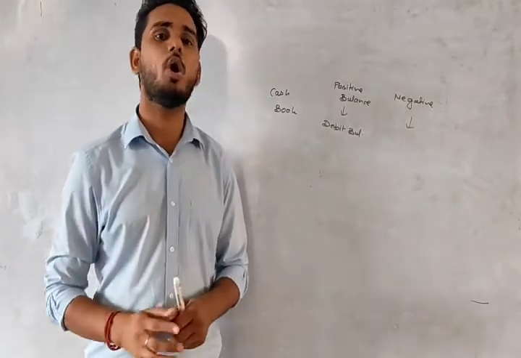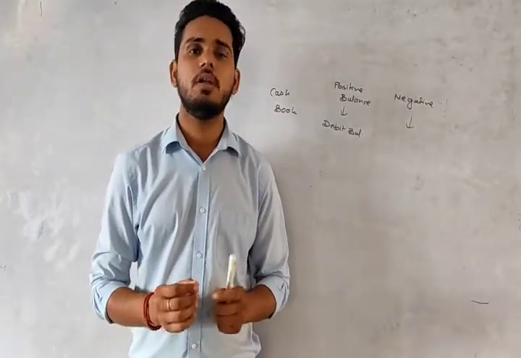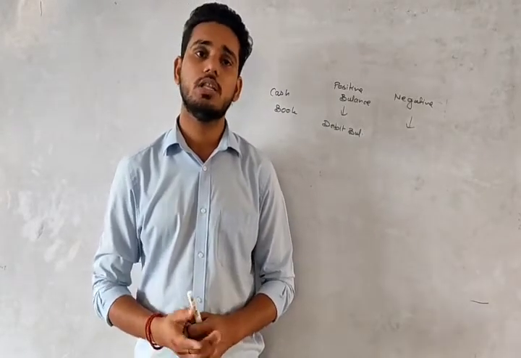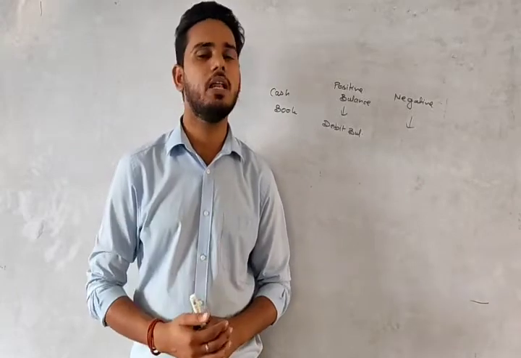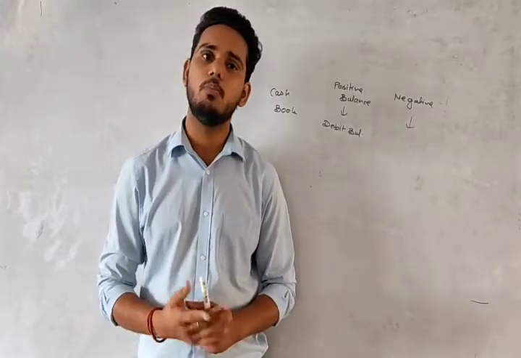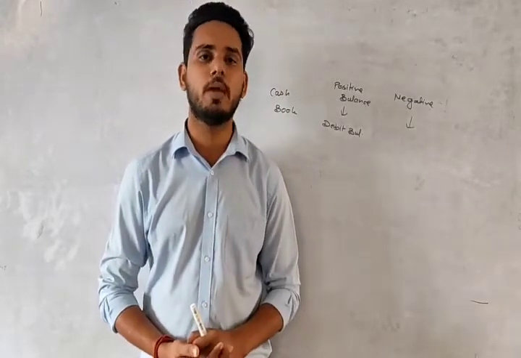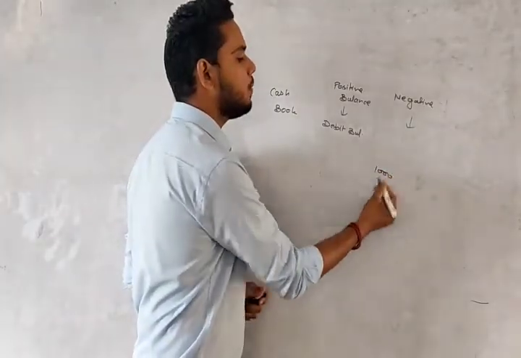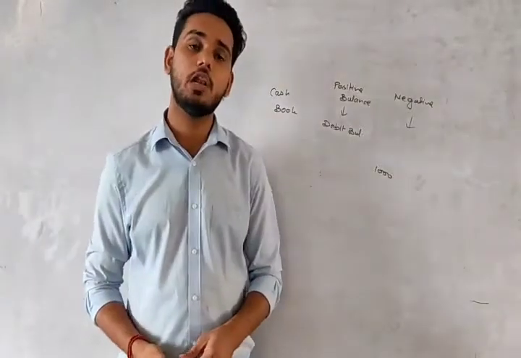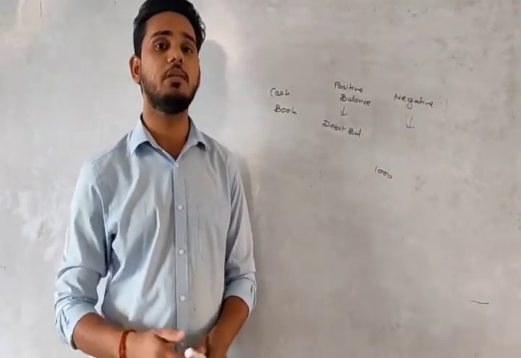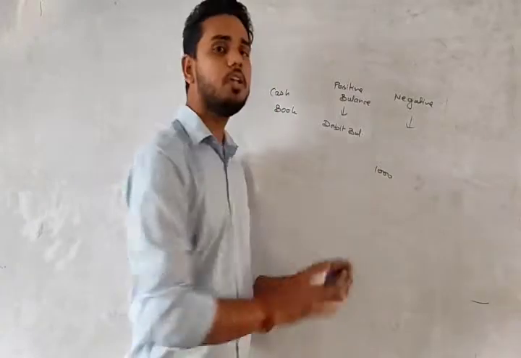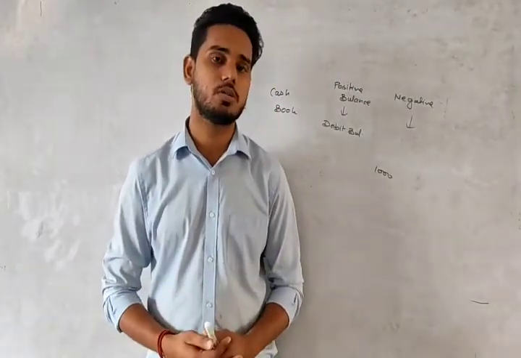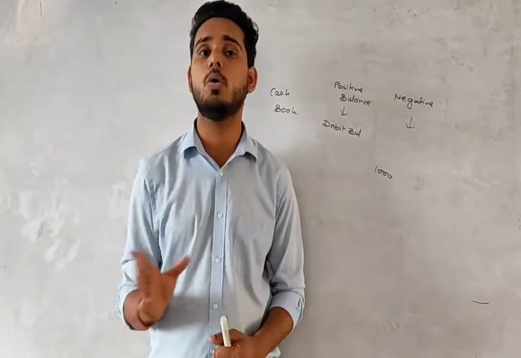But if we have a negative balance in our bank column, see, there is a facility called overdraft. When the bank gives the benefit of overdraft to its customer, the customer can withdraw more money than is available in the bank account. Let's suppose you have a balance of 1000 rupees and you have an overdraft limit of 5000 rupees. That means even if there is only 1000 rupees in your account, you can withdraw 6000 because there is an overdraft limit of 5000.